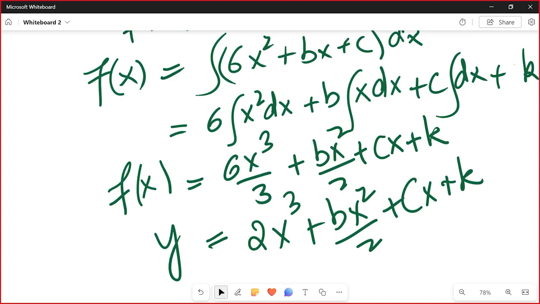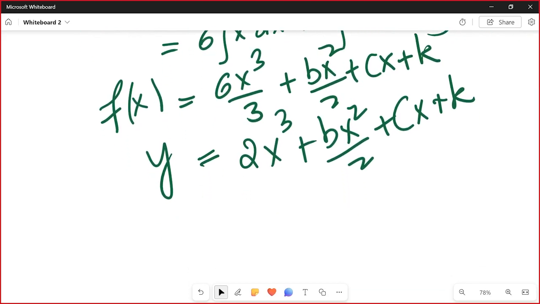Because f bar x is equal to this and there is a maximum point at minus 2, 20, we know now y is 20, because that was the maximum, at x equal to negative 2.